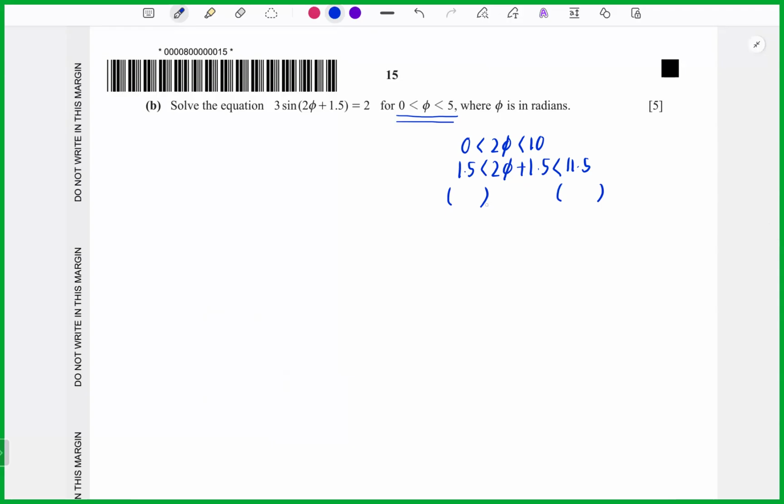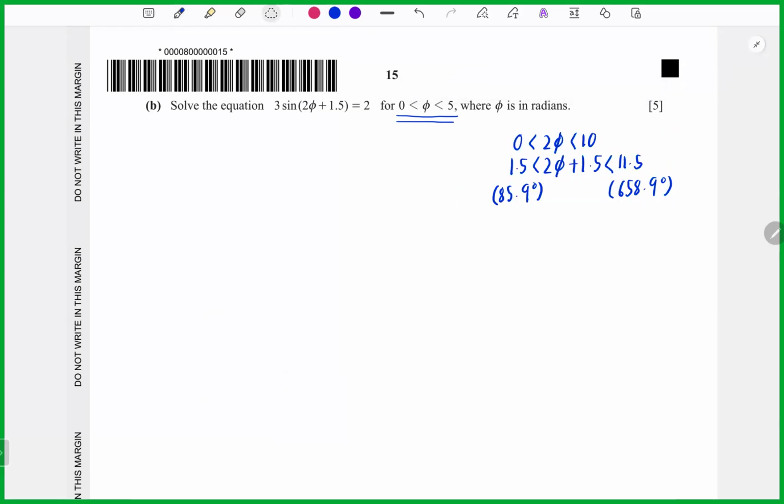Okay. So I write out the angles in degree. This is 85.9 degree. And the one more is 658.9 degree. So 3 sine 2 theta plus 1.5 equals to 2.